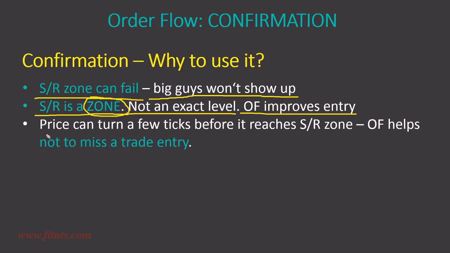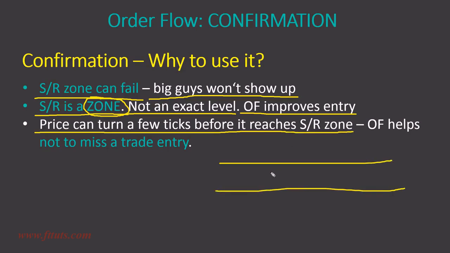And also, I'm sure that this happened to you many times. Price can turn a few ticks before it reaches the support zone. So imagine there is, for example, a resistance zone in here, a 10 pip resistance zone, and you want to go short from there. Now the price is moving close to it and then just turns and makes the reaction without you entering the trade.